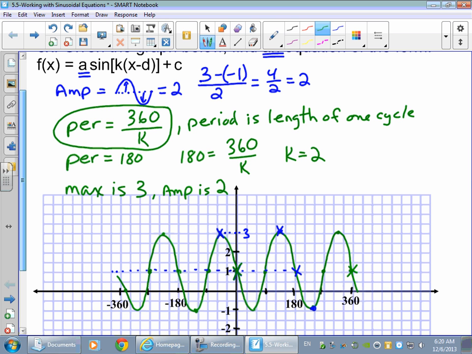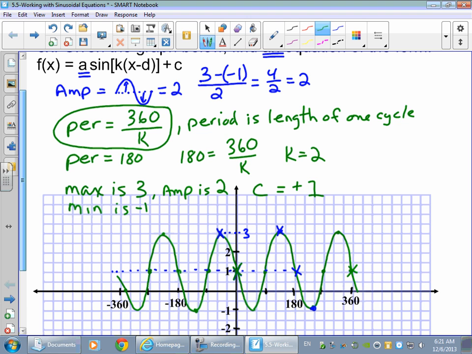But now I'm going up to 3 and down to -1 instead, which means that my C value is +1. My whole graph has gone up 1 more spot. So really, again, what we're doing is mathematically thinking through what we know and what we're seeing on the graph. Again, what we'll be reading in the later questions.